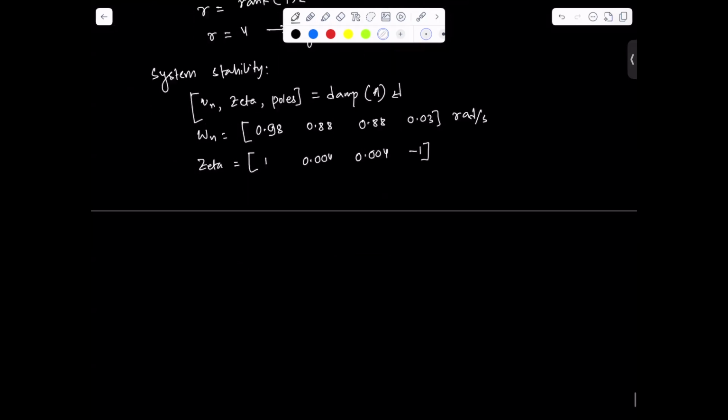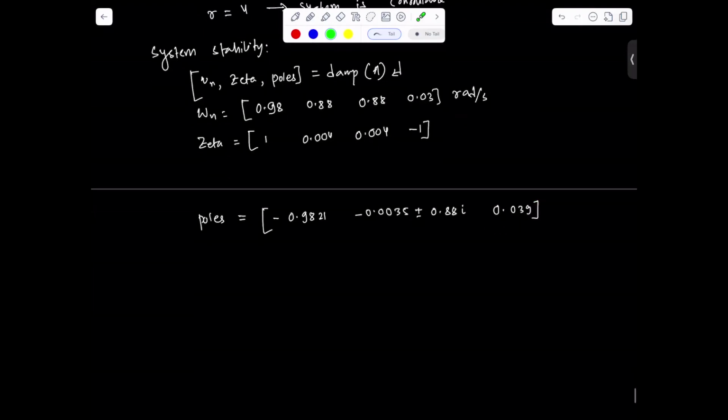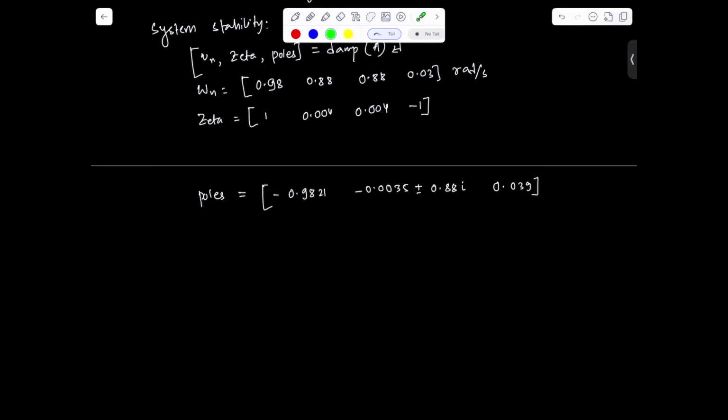And poles found to be minus 0.9821 and minus 0.0035 plus minus 0.885i, and 0.039. If you notice carefully, in the poles of this open loop system, one pole is in the right half plane, and this causes the system to be unstable.